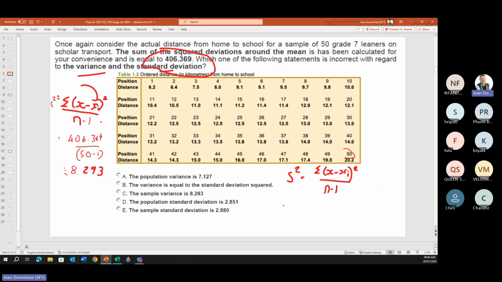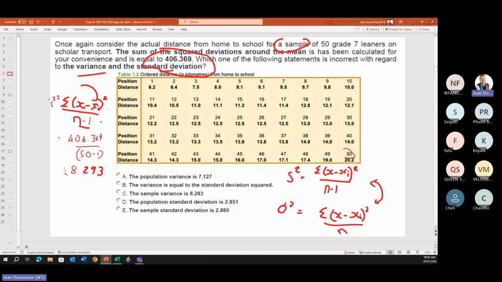When it is your population, it is just divided by n. So make sure, when we get the information, that you know which one to use.